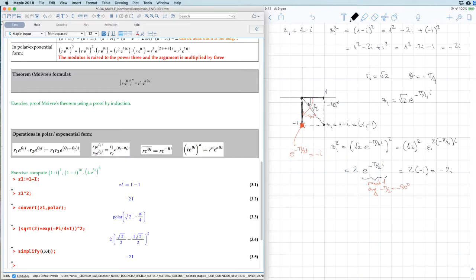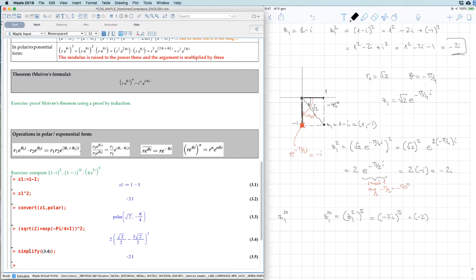Second exercise, we need to compute the same number but to the power 10. In this case it would be best if we do it in polar, but we can do a trick, because the square of the initial number is quite easy, so we can rewrite the power 10 as the power 2 and then the power 5. So in this case it would be (minus 2i) to the power 5.